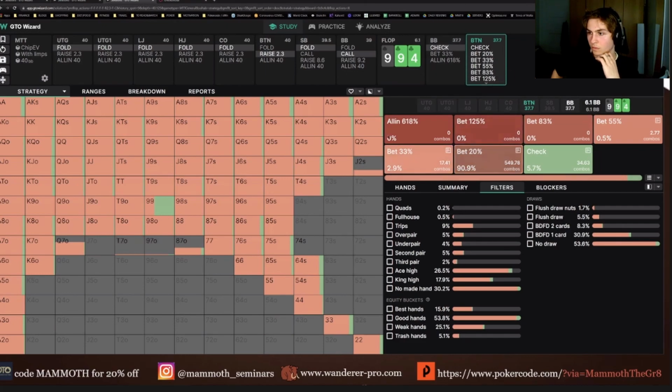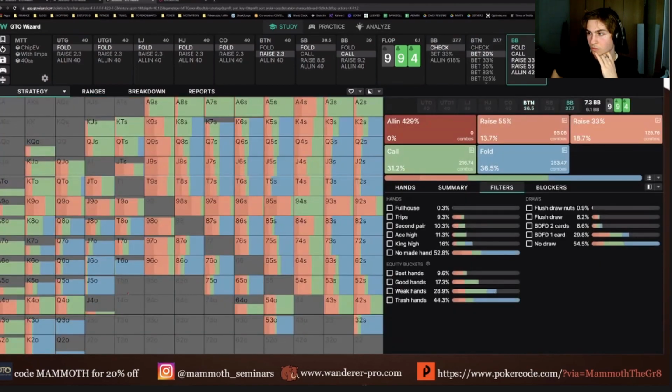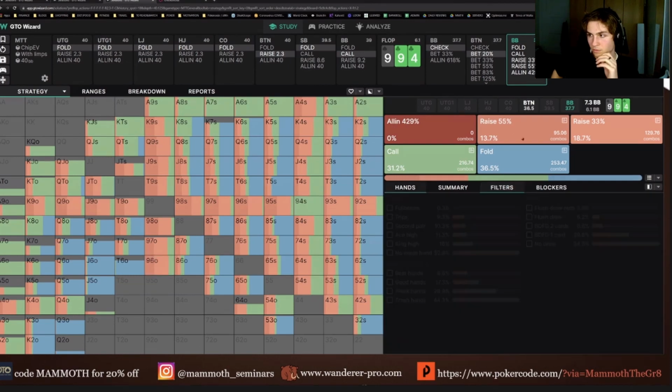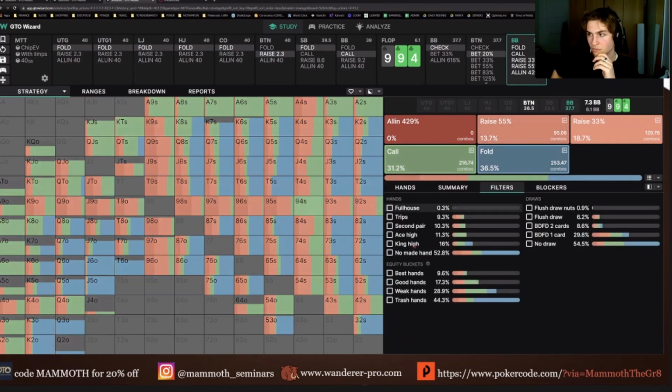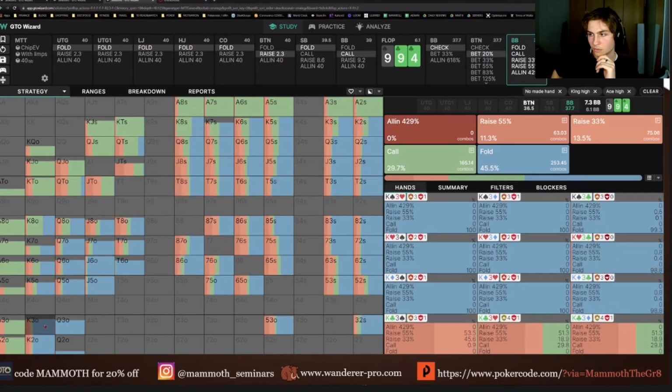I'm going to use B20 because 33 doesn't work. So it's very important that you understand how he defends here on the flop, right? He's going to be folding, overfolding MDF, and then he's going to be floating or raising with the backdoor equity hands.